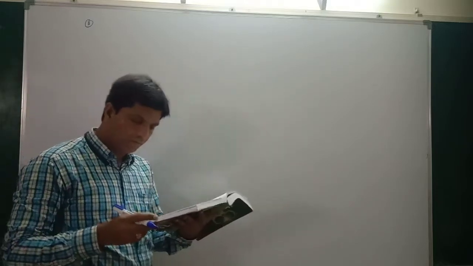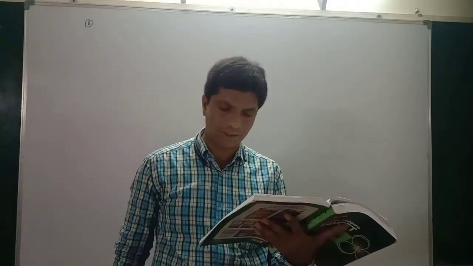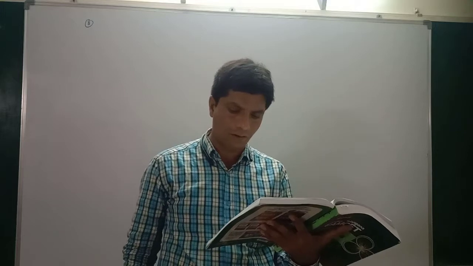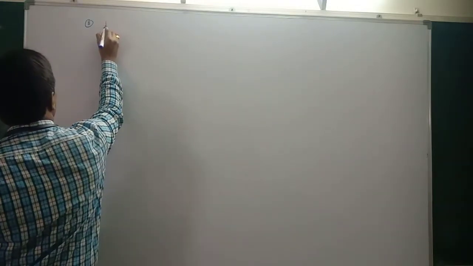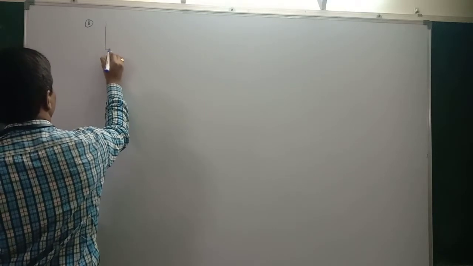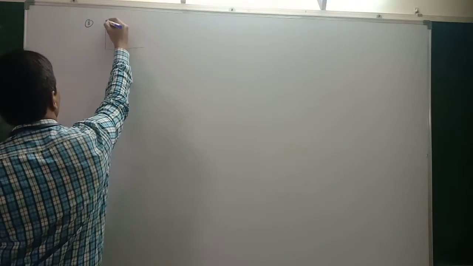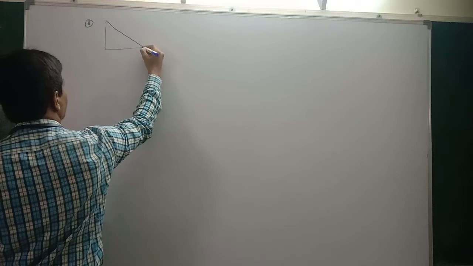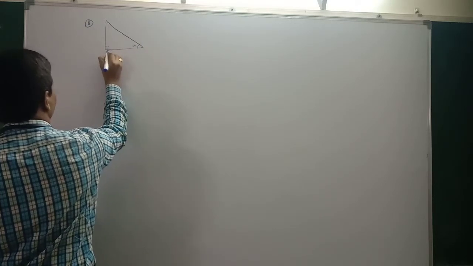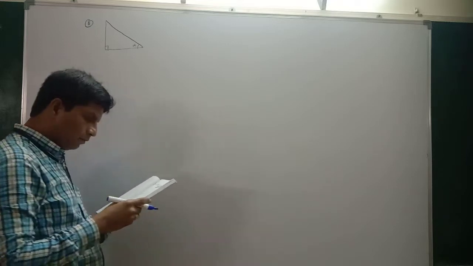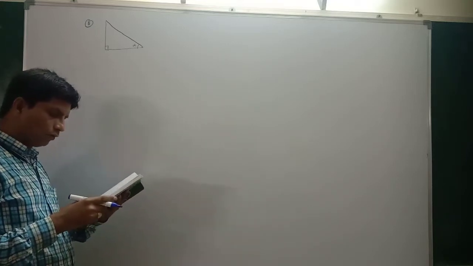Problem number 8. The angle of elevation of an object from a point P on the level ground is alpha. That means this is a point on the ground. The angle of elevation from this point is given alpha. Moving d meters on the ground towards the object.